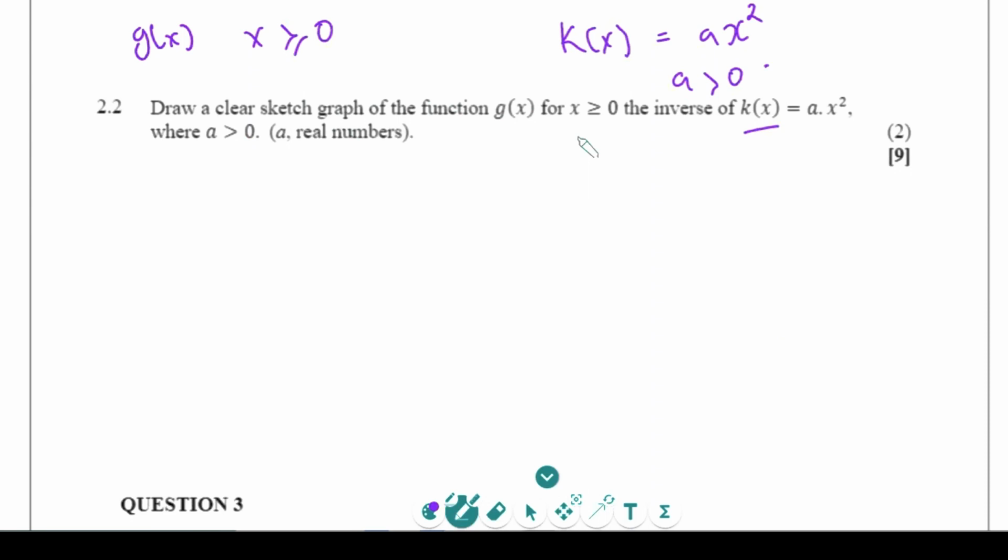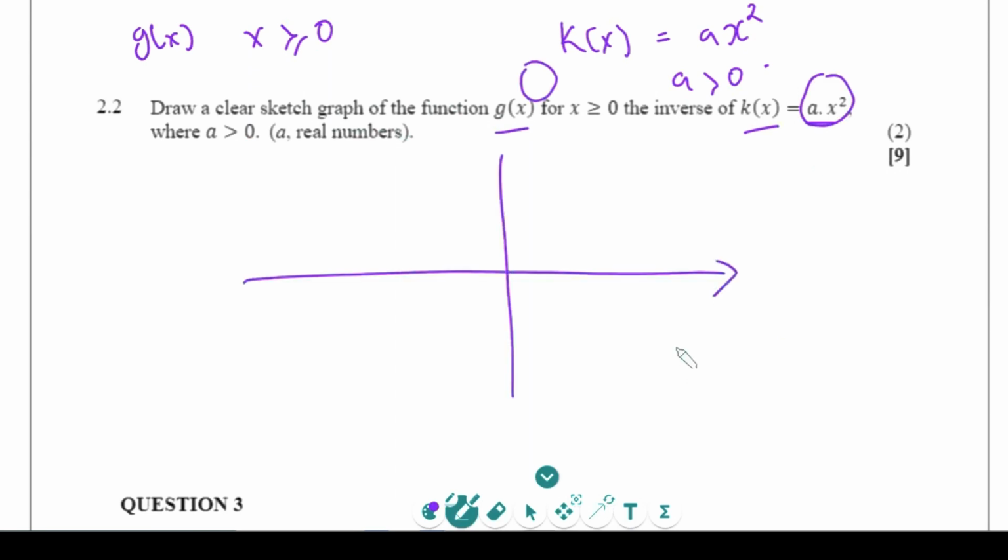So what this means is that if we look at the graph of g, it is an inverse of this. For a to be greater than 0, that graph has to start from somewhere here and then move in that sort of direction.